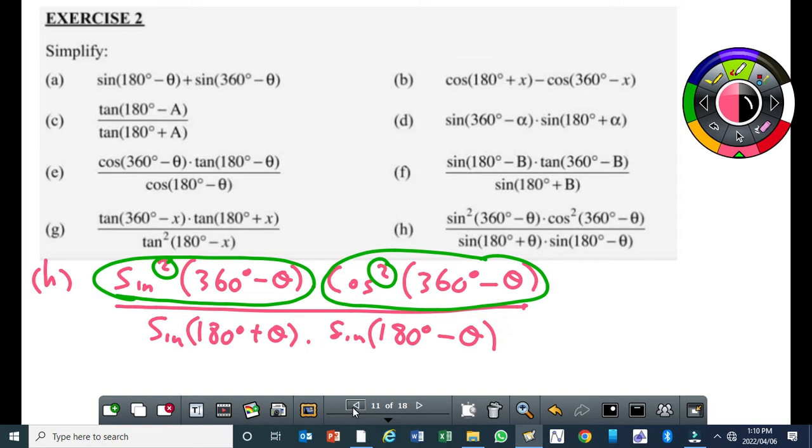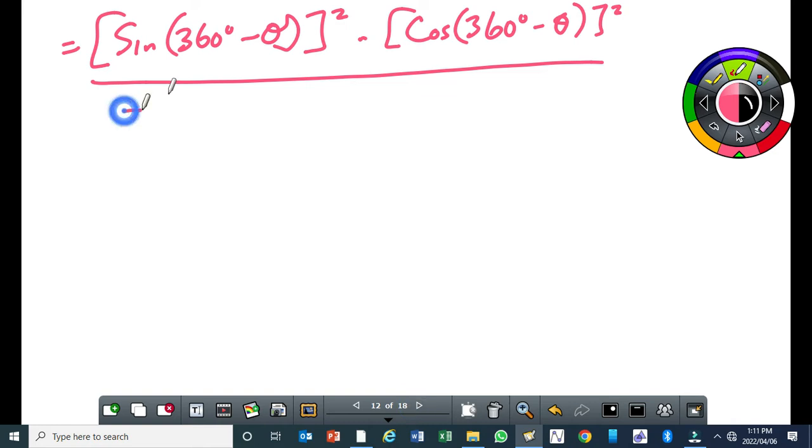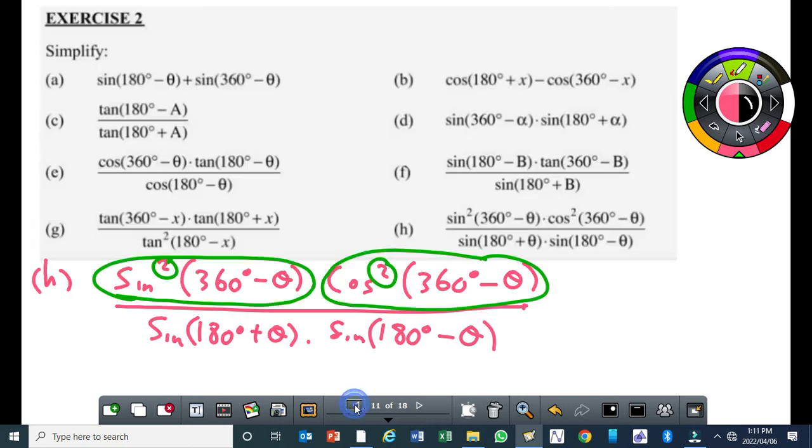So the denominator, sine 180 plus theta. If theta is acute, this whole angle will be in the third quadrant. Okay? And in the third quadrant, sine is negative. So I have to write this as minus sine theta. Okay? Times sine of 180 minus theta.